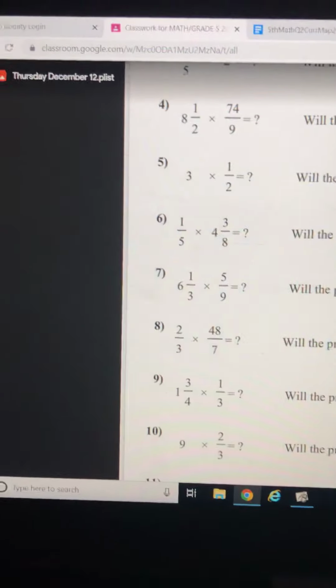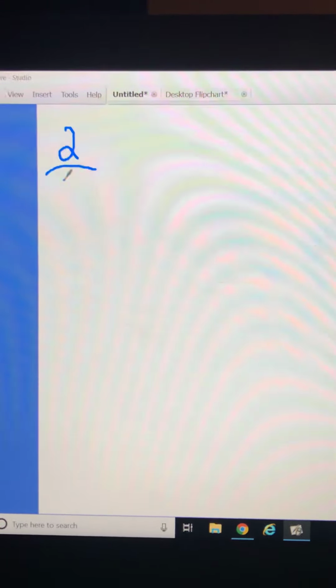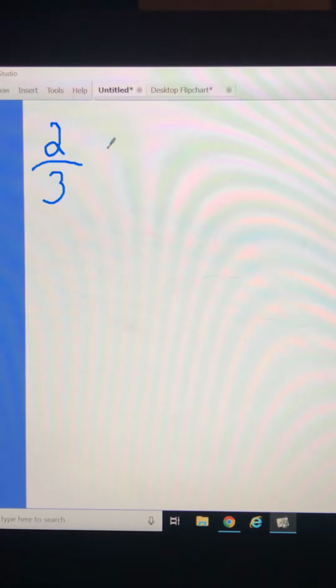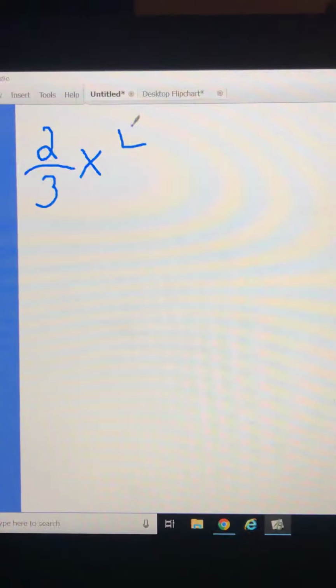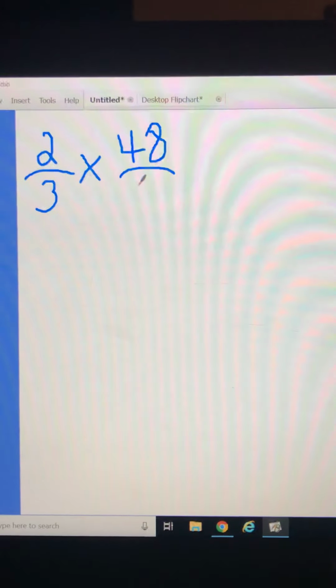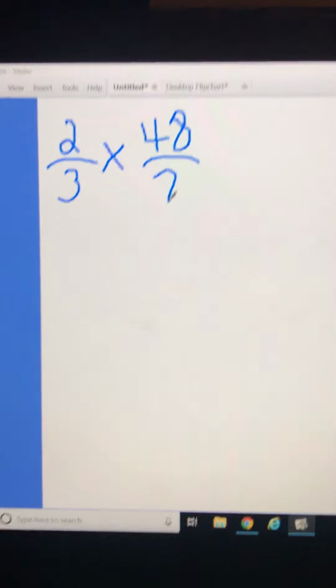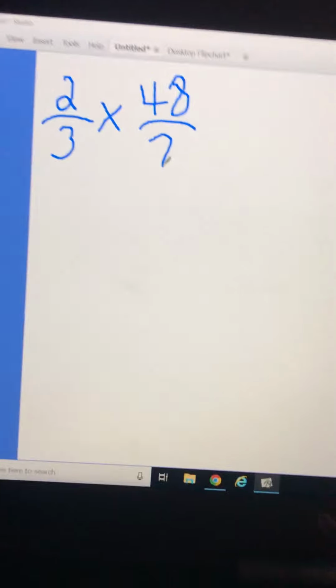So we're going to write it down just as you would when you learned to multiply fractions last week. So you have 2/3 times 48 out of 7. All right, so remember you have to cross cancel before you start.